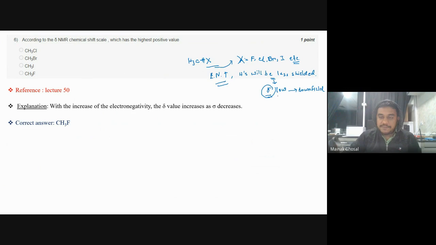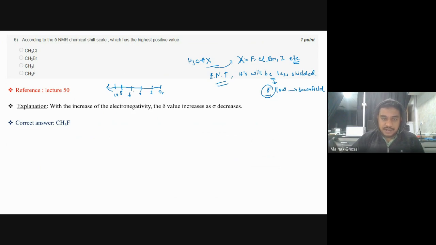If sigma is high, that is more screening, there will be an upfield shift. And just remember, in the case of NMR, the scale is oppositely directed. The NMR scale bars will be like 0, 2, 4, 6, 8, 10, increasing towards the left.